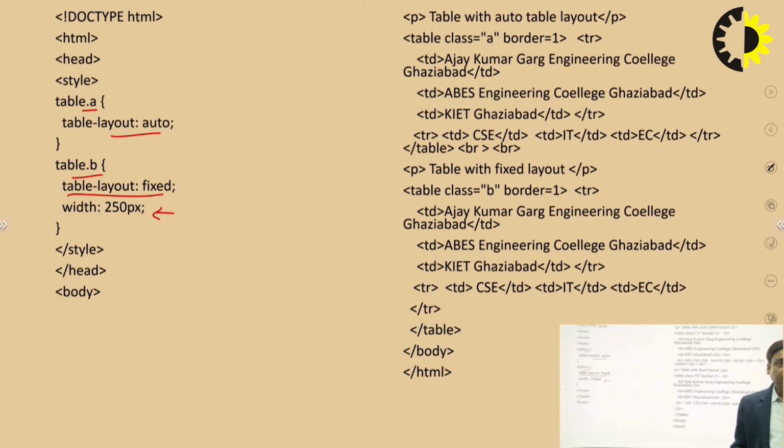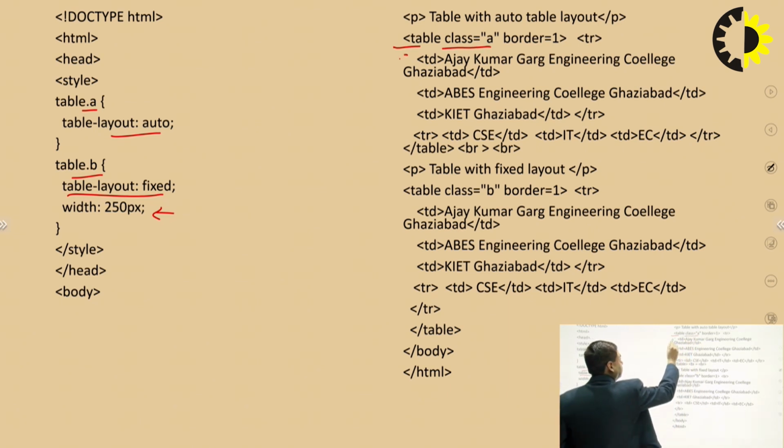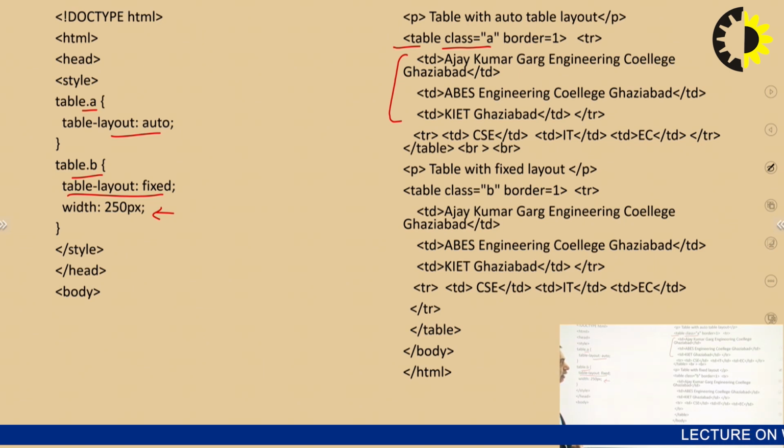Whatever the content, if it is beyond 250 pixels, it will be adjusted accordingly in the table. We have a table using class A, displaying the names of engineering colleges. Here the width will be automatically adjusted by the browser, and it may take a long time to download the table from the server and display it at the client side.